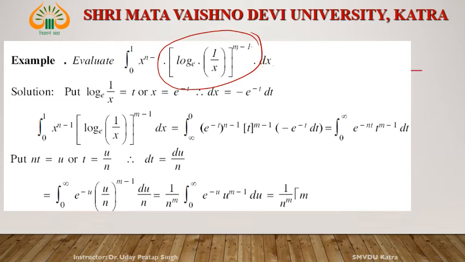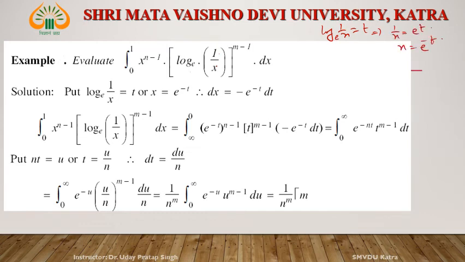Let us assume log of 1 by x is equal to t. Then, since the base is e, 1 by x is equal to e to the power t. Then x is equal to e to the power minus t, and dx is equal to minus e to the power minus t dt.